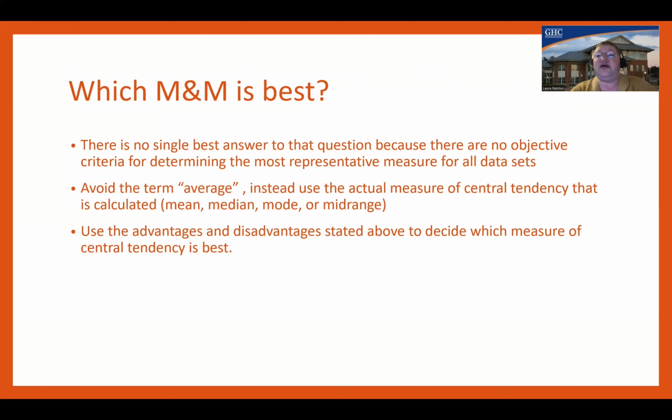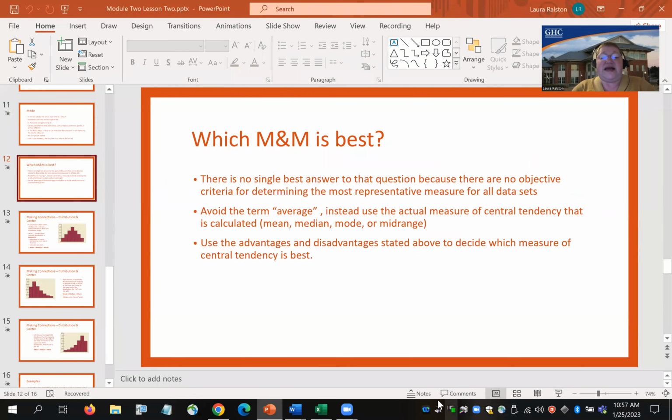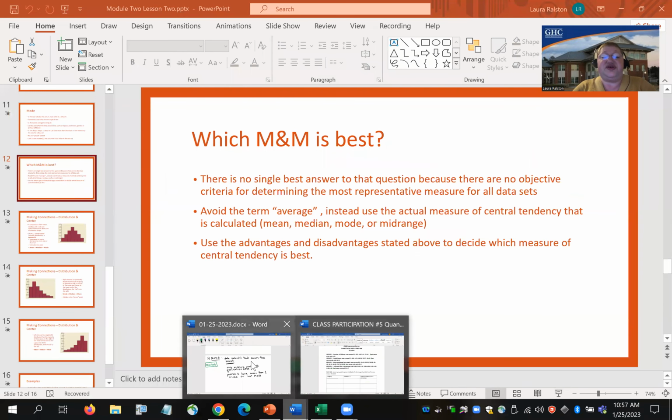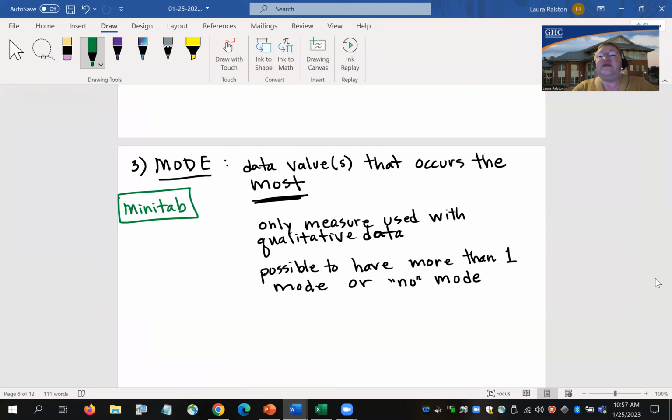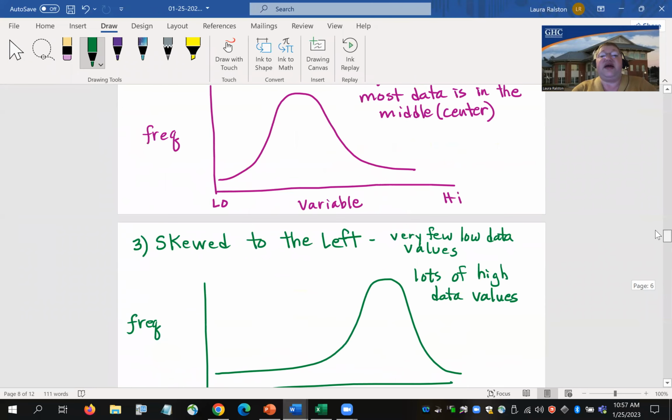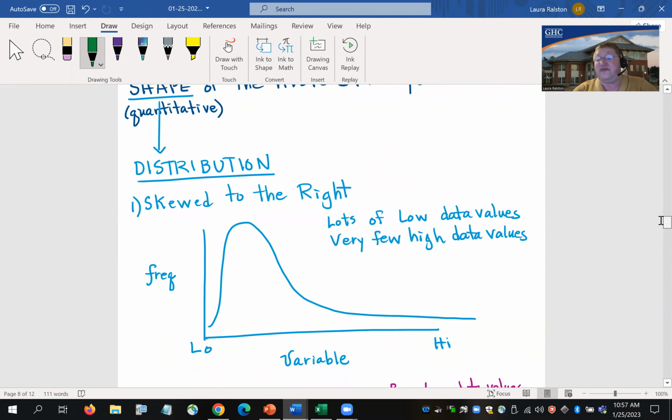The other thing that we can use the measures of center for is, I mentioned to you on Monday that for the different distributions, whether it's skewed left, skewed right, or symmetric, we were doing that basically with our eyeballs.